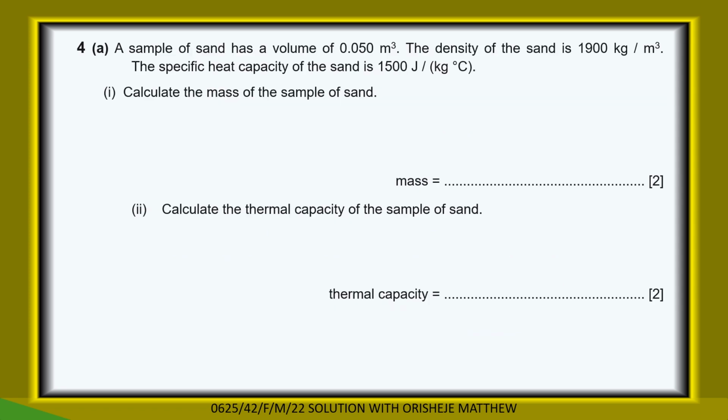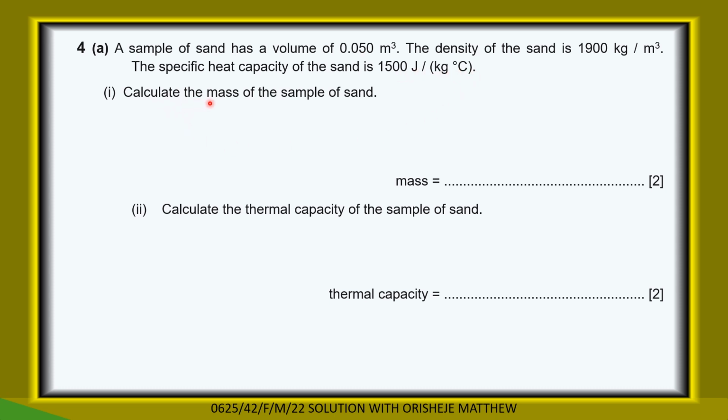Question 4. A sample of sand had a volume of 0.50 meter cube. The density of the sand is 1900 kilogram per meter cube. The specific heat capacity of sand is 1500 joule per kilogram per degree Celsius.